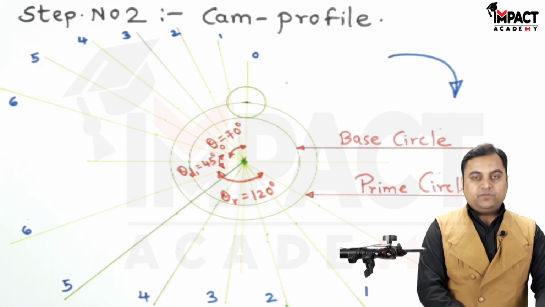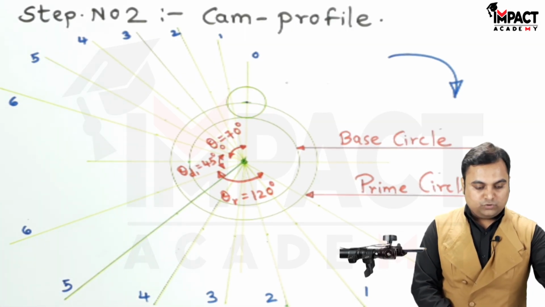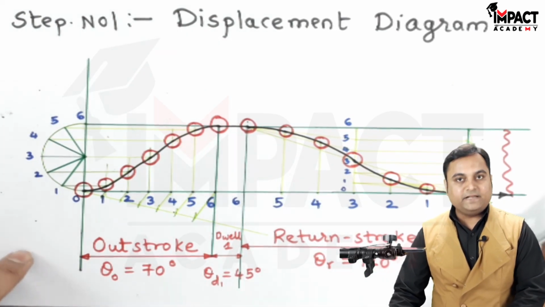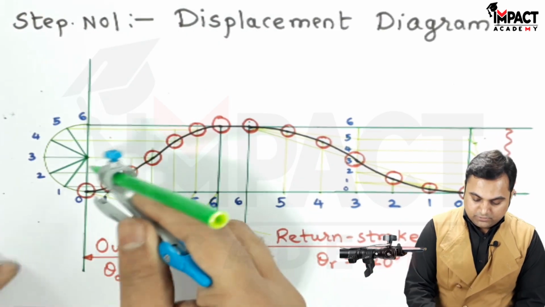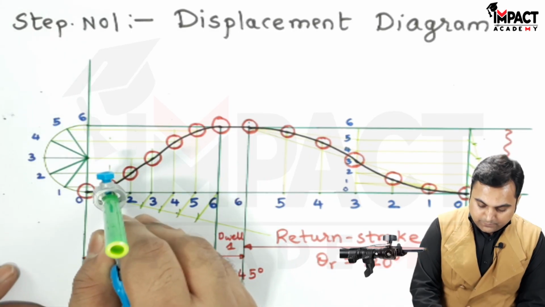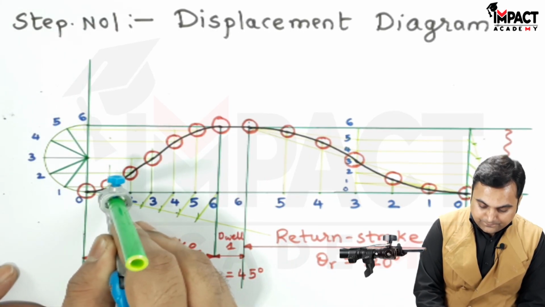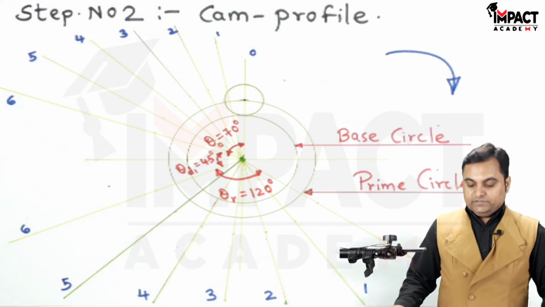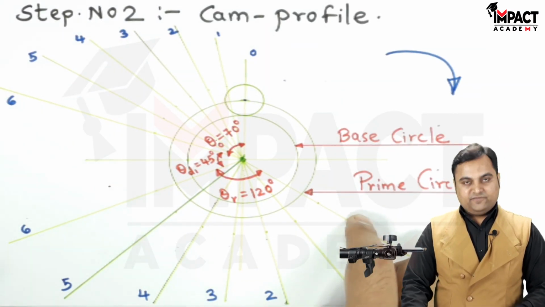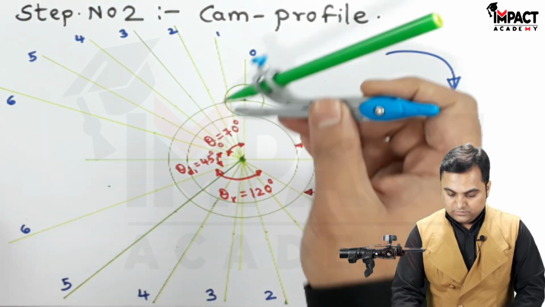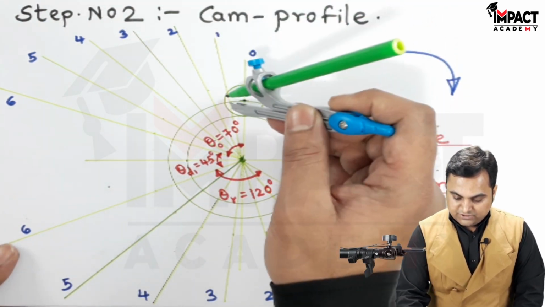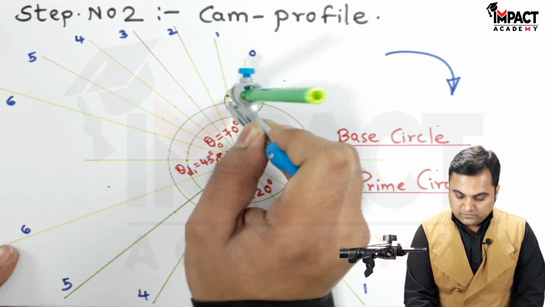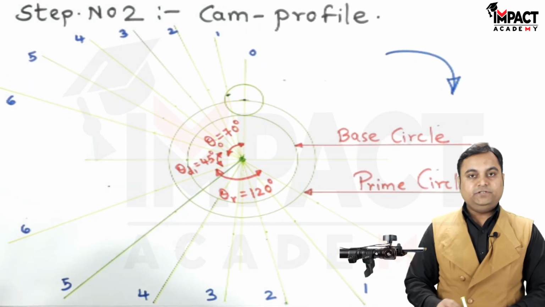For that, starting with point number 1 onto the outstroke, for that I would be needing the displacement diagram. And here from this point number 1 up to this vertical height, I am getting point 1. Taking the prime circle as the reference, marking onto this first division of the outstroke, here I am getting the first point.